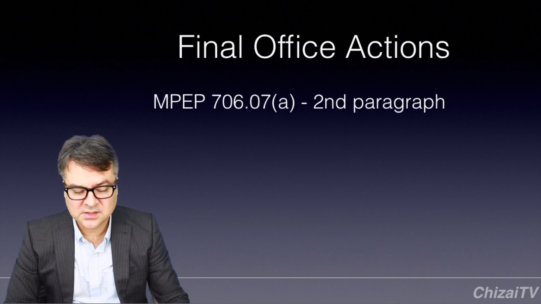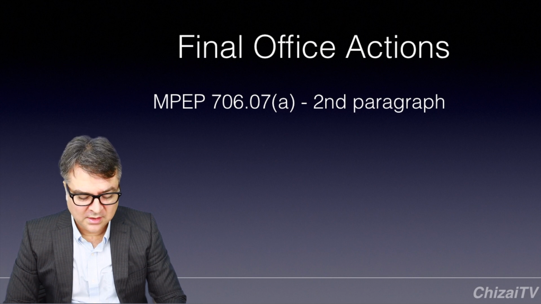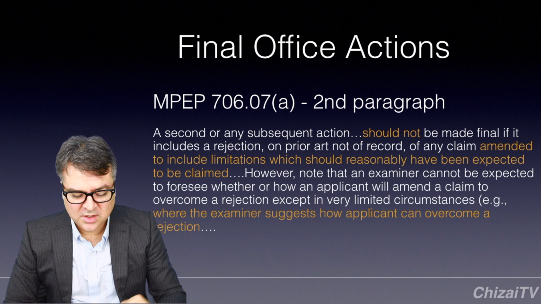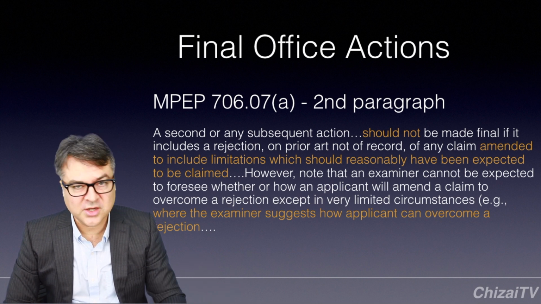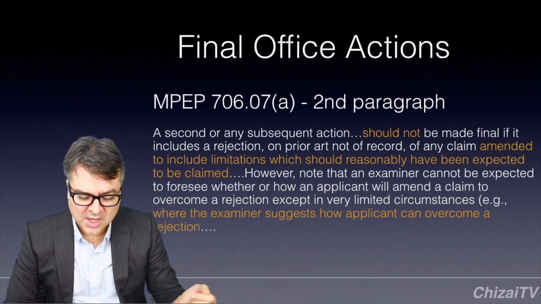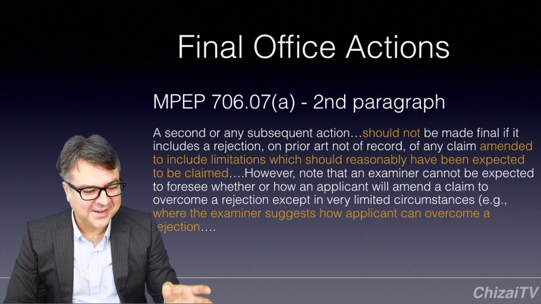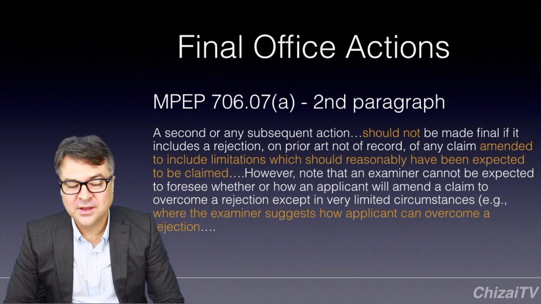So MPEP 706.07a, second paragraph. This is most of the text of the second paragraph. A second or any subsequent office action, a second action or any action after that one, should not be made final. Should not. Not cannot or must not. So this rule is a little different from paragraph 1.